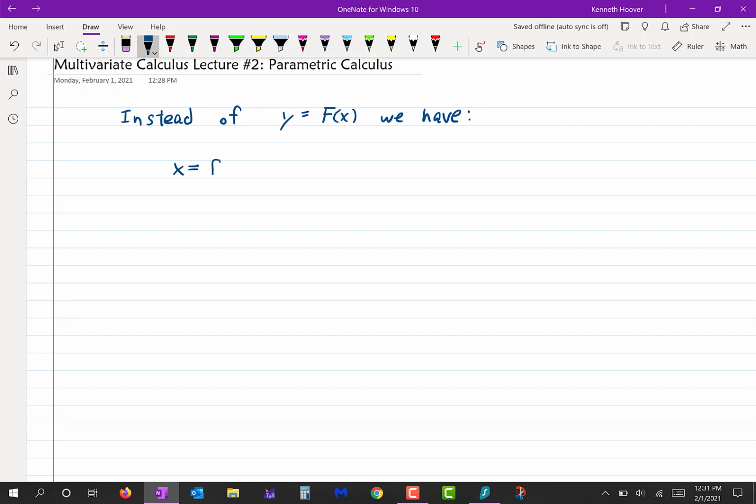Let's say x equals f of t, and y is also a function of t. We'll say y equals g of t. And you can see all about this in the previous lecture.